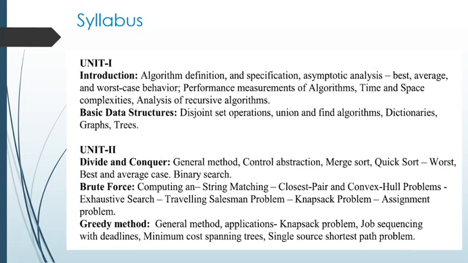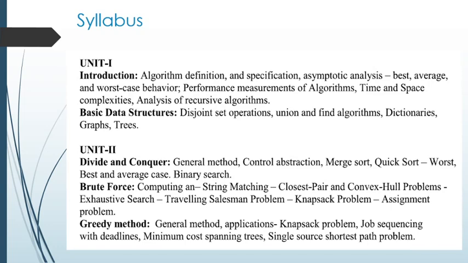So with that, as per your syllabus, we have merge sort and quick sort, and the worst, best and average case, and binary search. Already you have completed this. If you know data structures, then this subject will be easy for you to understand.